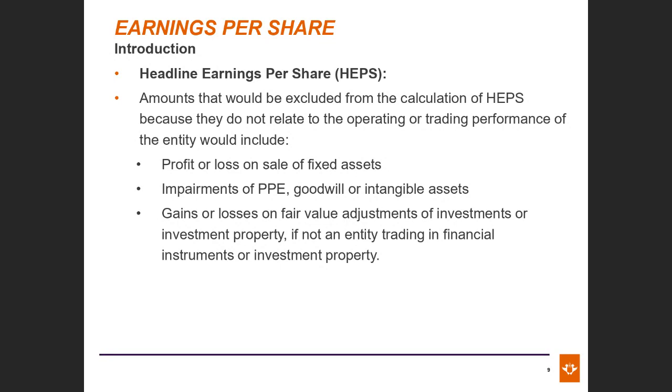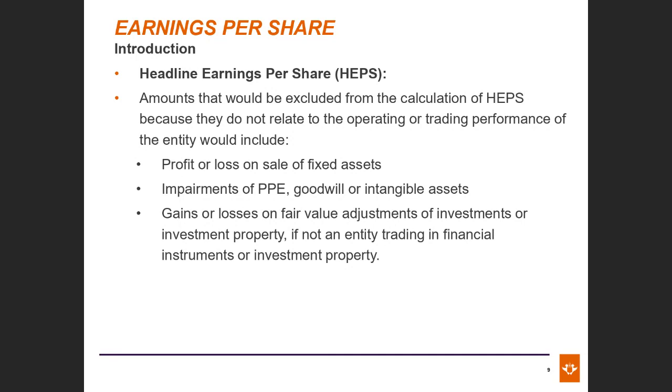Selling machines is that company's trade, so therefore you would not adjust your headline earnings per share. So it's important to ask yourself, what is the company's trade? Selling this asset, is it part of this company's trade? If it is not, then you would adjust any profit or loss on sale of that asset from your headline earnings per share. But if selling machinery is part of that company's trade, then it is trading, then you would not adjust your headline earnings per share for that. Okay, nice question. So let's carry on.